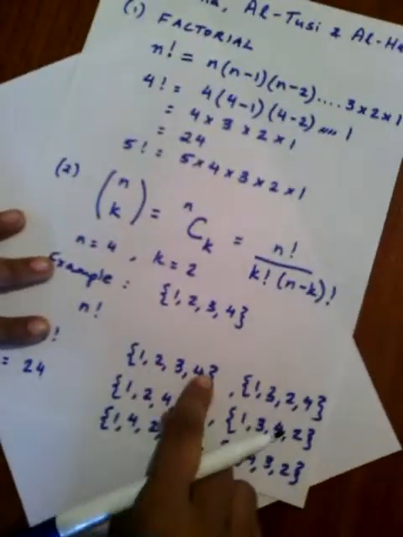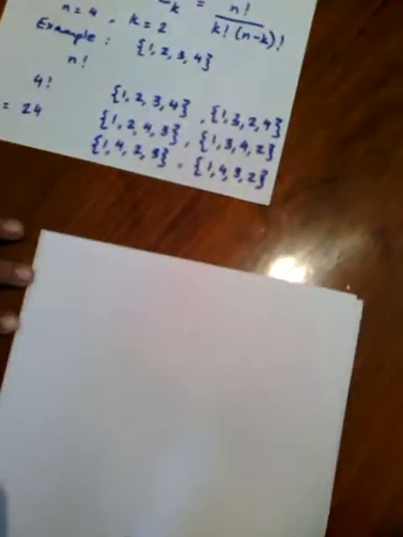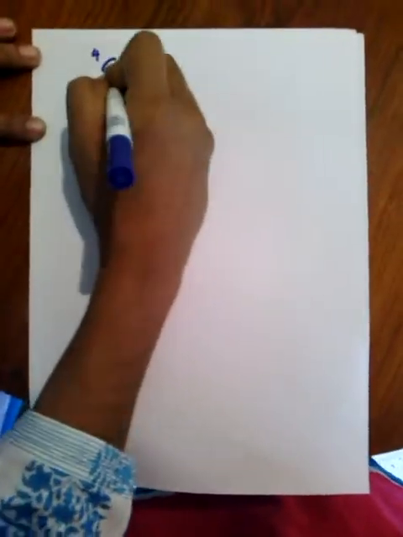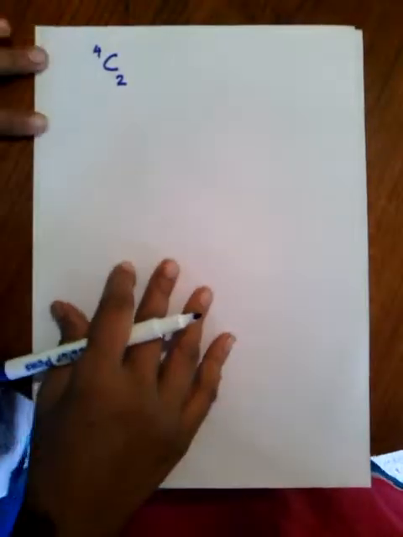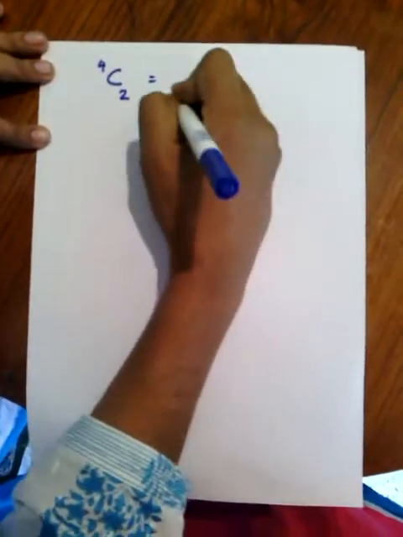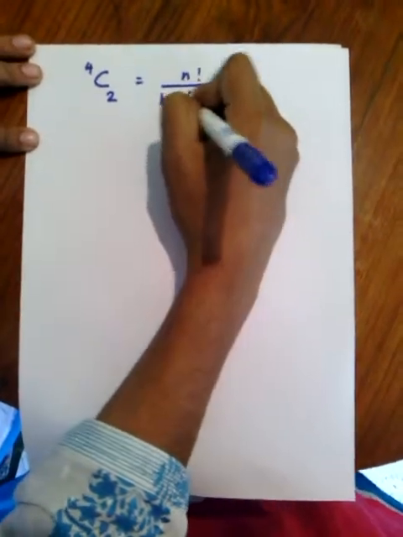So that's one idea. But we were saying, how do we choose any two of these items? We were choosing 2 objects out of 4 objects. The formula says it's n factorial divided by k factorial times n minus k factorial, correct?